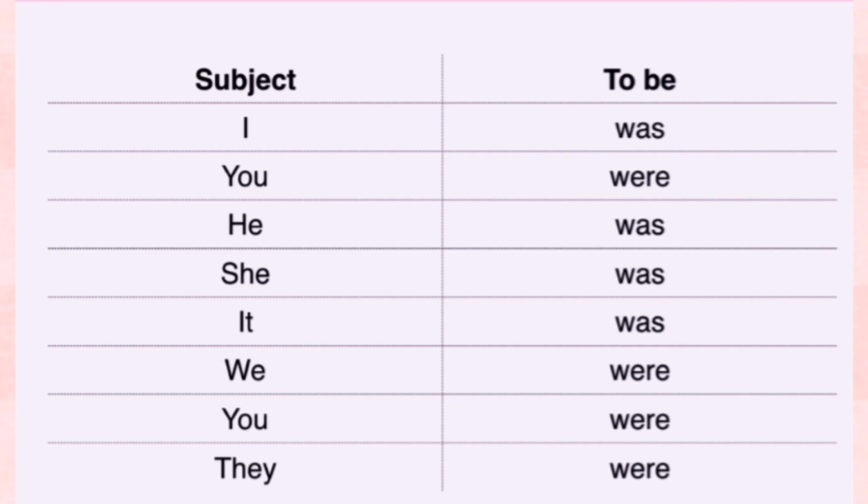As you see here, we say I was, you were, he was, she was, it was, we were, you were, and they were.